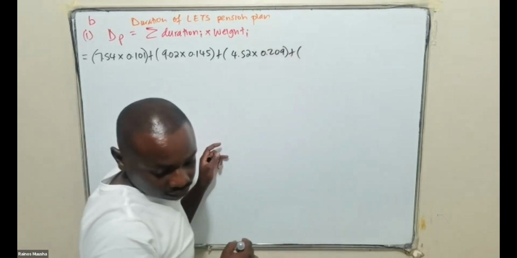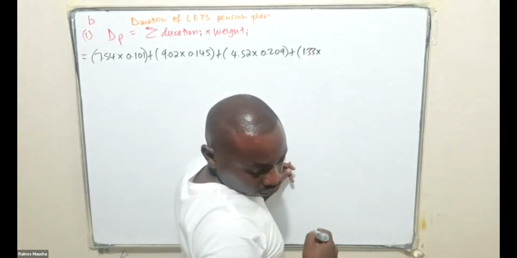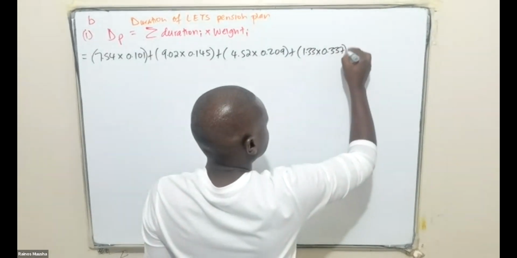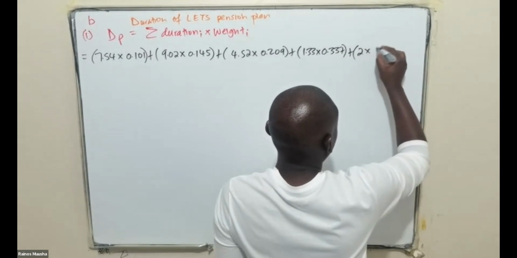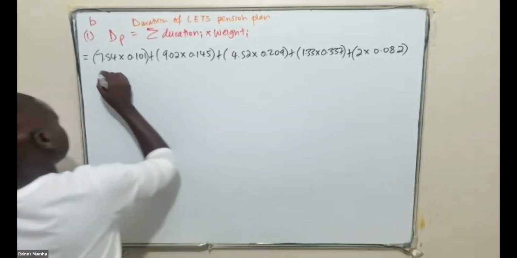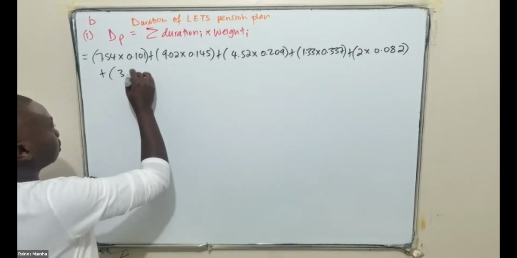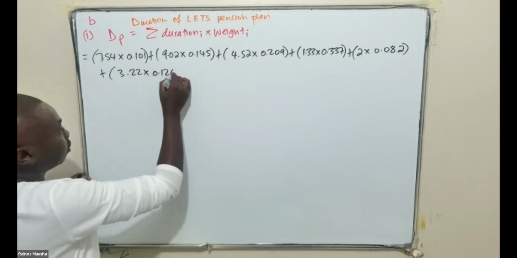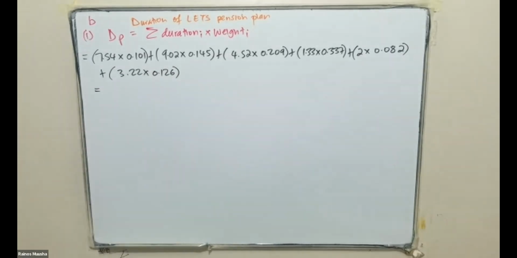Plus the next is a duration of 1.33 times the weight of 33.7%, so it's 0.337, plus the next asset is a duration of 2 and a weight of 0.082, plus the next asset is a duration of 3.22 and a weight of 12.6%, which is 0.126. So given this information, how much is going to be the duration of the portfolio?